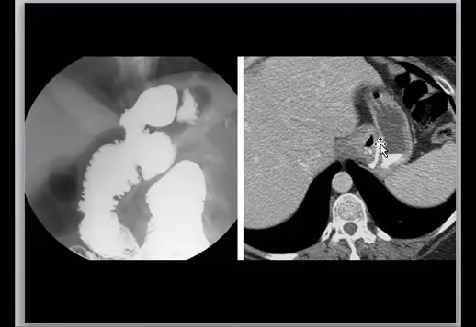So at the staple line there is some dehiscence and the contrast goes outside. So I agree with you that there is leakage. So this is what is called a gastrogastric fistula.